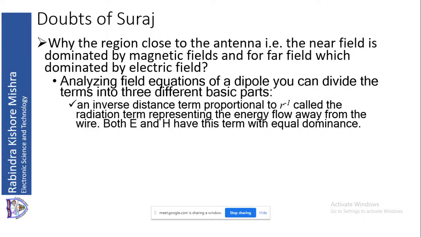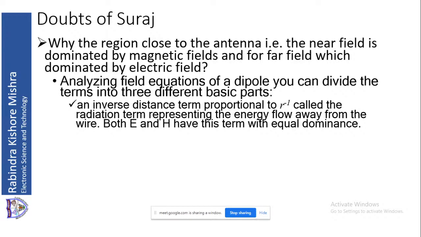This term is present for both the E field and the H field, which means E theta and H phi. In both cases it is transverse to the direction of propagation. Therefore this is the radiated field.